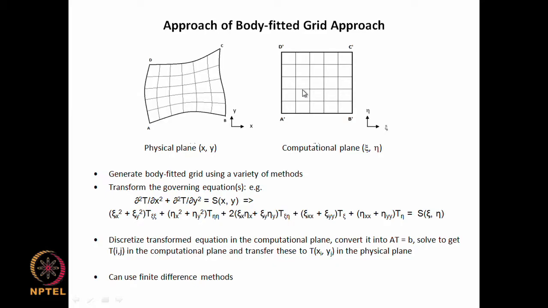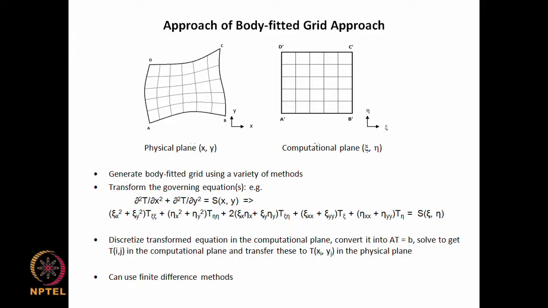For every grid point in the computational plane, there is a corresponding grid point in the physical plane. So that means we get the values at points which are distributed throughout the physical computational domain, and that is how we work with the body fitted grid approach.